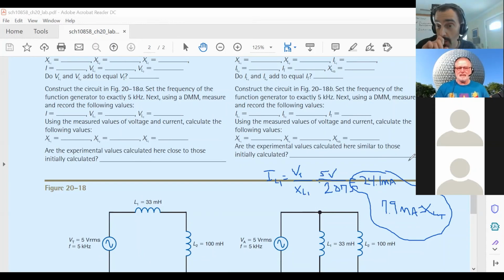So if you take 5 volts divided by your resistance, your X of L2, X of L2 should be about 628 ohms.